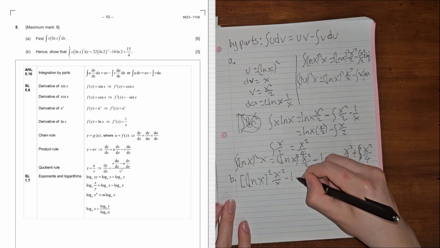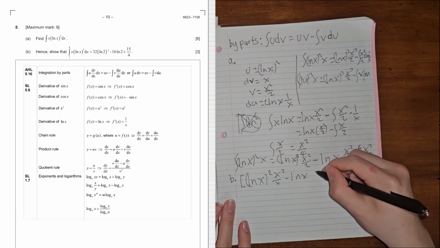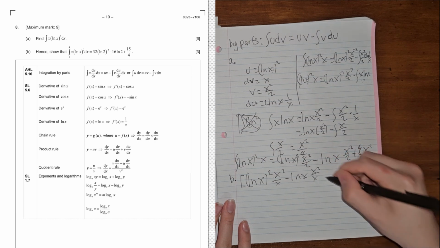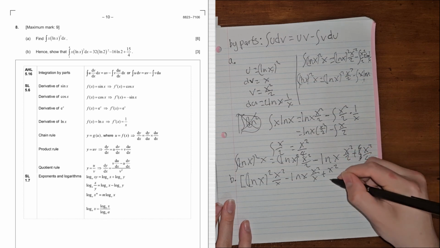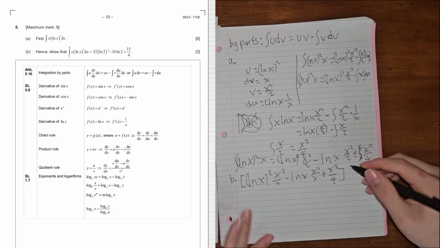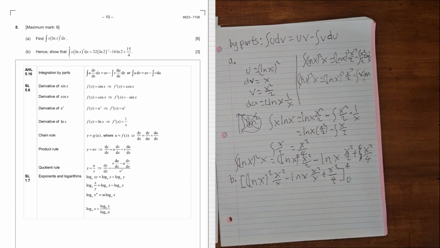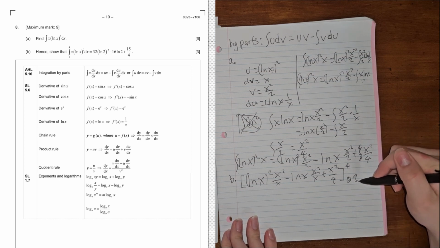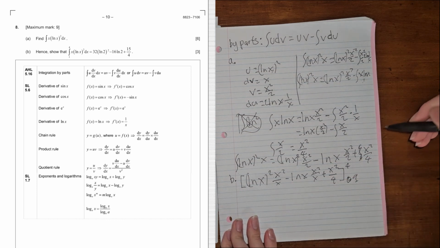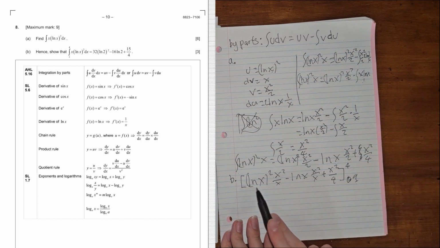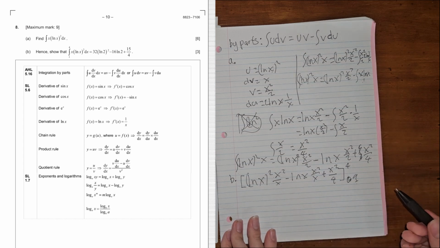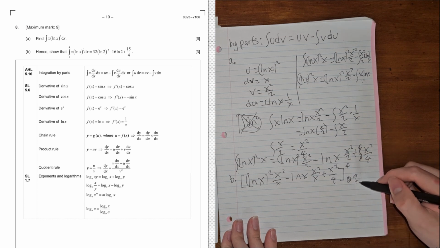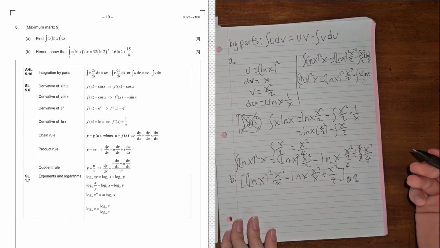I've seen them. ln x squared times x squared over 2 plus x squared over 4, from 4 to 1. What is very helpful is that ln of 1 is equal to 0. So whenever you're substituting 1 into the ln terms, that's just equal to 0, so we can ignore this for the bottom part.